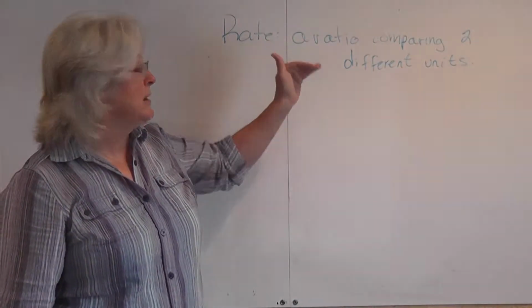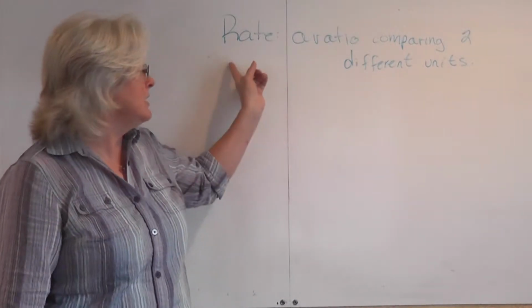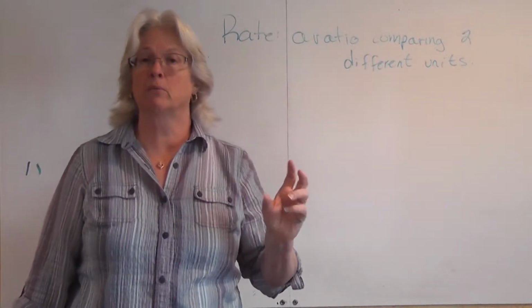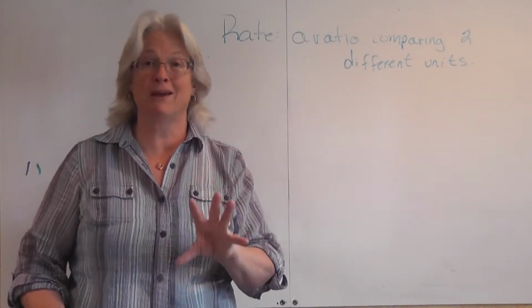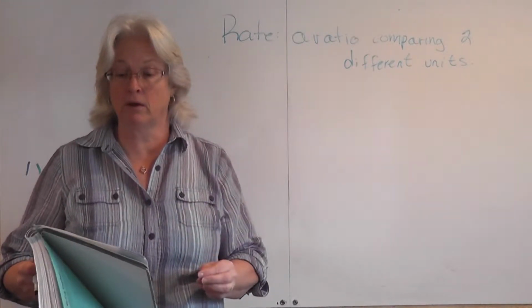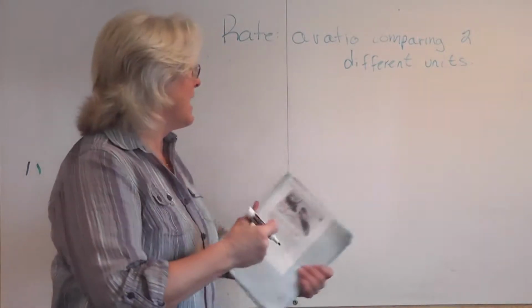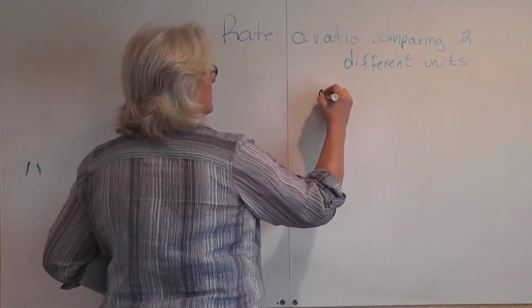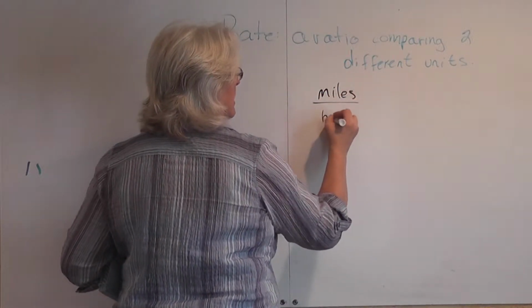A rate is a ratio that compares two different units. So what two different units are being compared in our problem here? Miles per hour.